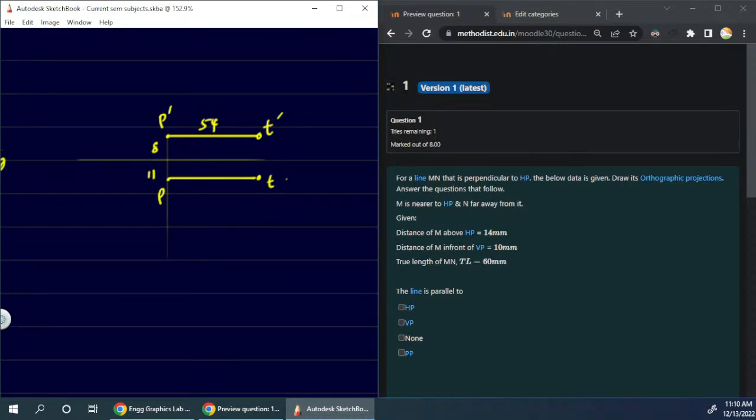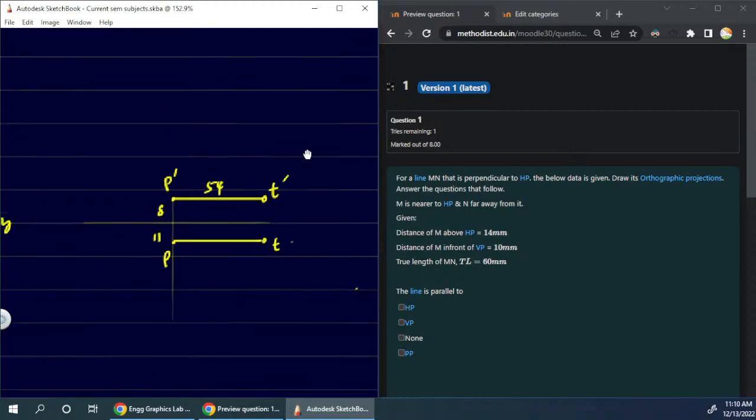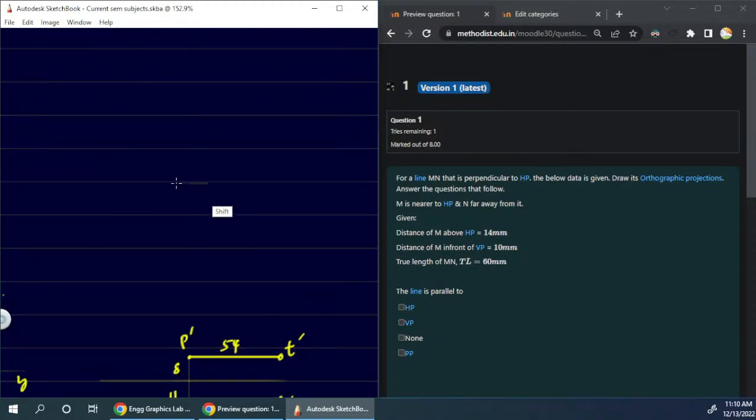So M N is perpendicular to HP. So this is our XY line. Perpendicular to HP, so we'll have 2 points here and 1 point over here. This is going to be M dash, N dash. This is going to be the front view. True length is 60. Above is 14. Below is 10. And here we will get N and M.